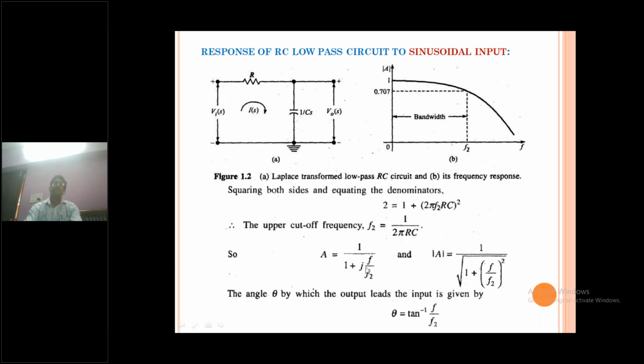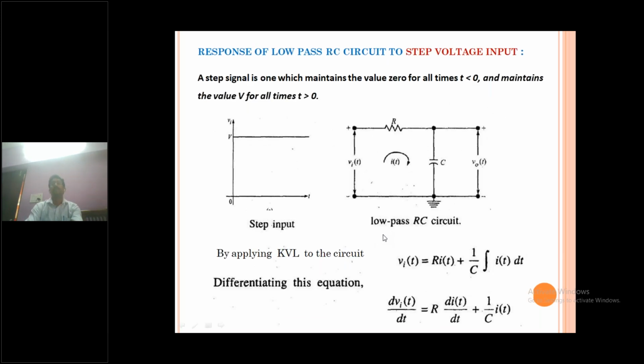Somebody may doubt that the denominator is a complex number, but the general formula is x plus iy, then theta equals tan inverse of y by x. Here a minus sign will be there, theta equals minus tan inverse of f by f2. But since output lags is mentioned here, the minus sign is not shown; theta equals tan inverse of f by f2.